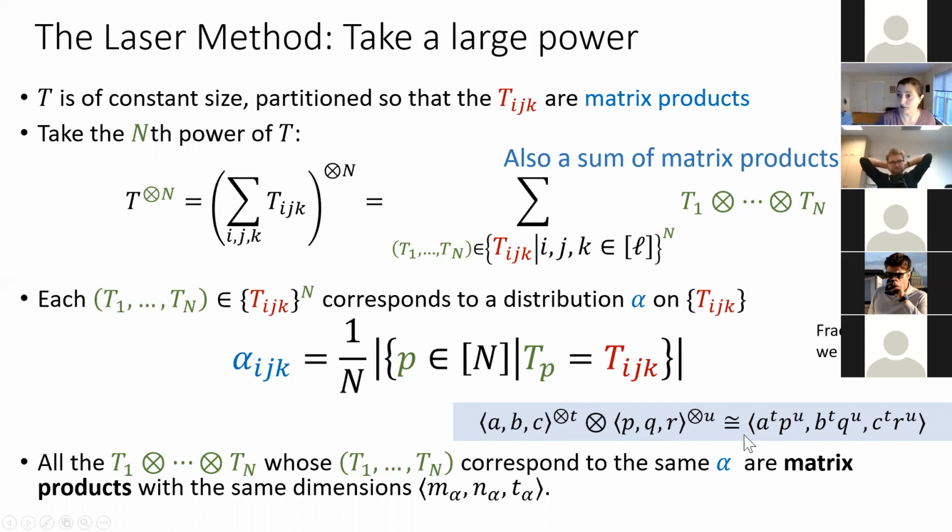It will be isomorphic to the matrix product with the product of the dimensions. So if I had t copies of this and u copies of this somewhere in here, then when you tensor them together, you will get the same matrix multiplication tensors. Okay. So if we have some distribution over all the ijk's, then it will define the dimensions of the matrix product that these terms correspond to.